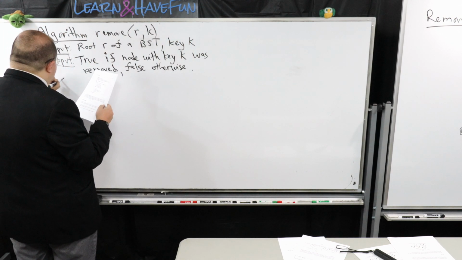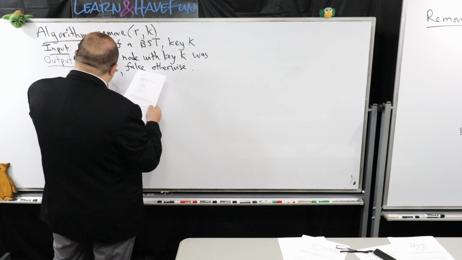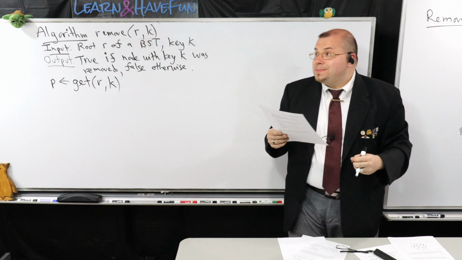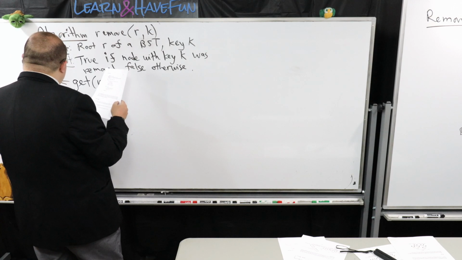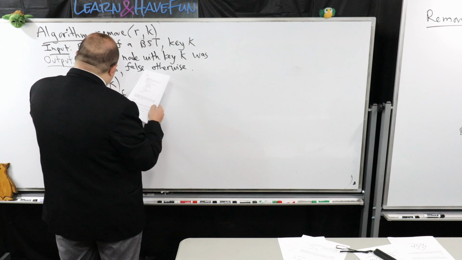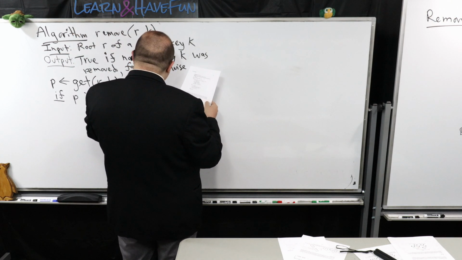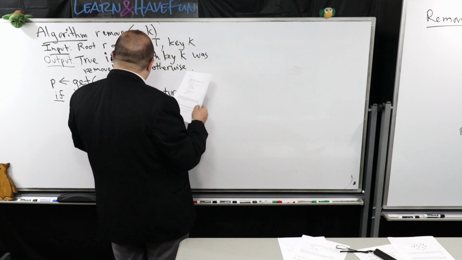First, you start off the same way we did our insertion. We're first going to apply the get operation to find the node for which we're going to perform the removal, just like we did with insertion. Now I'm going to check if P is a leaf. If P is a leaf, does that mean we successfully found a record, or did we fail to find a record?